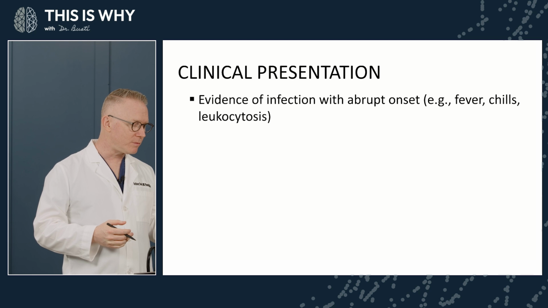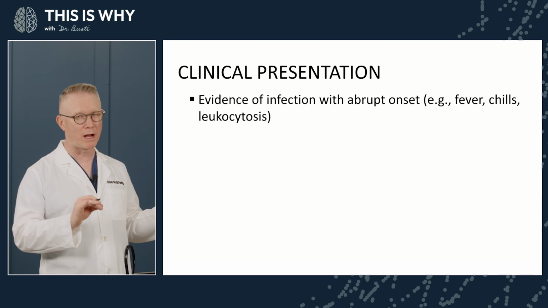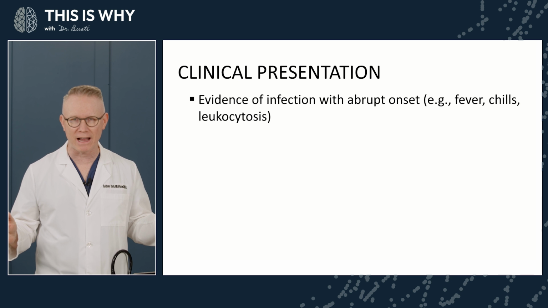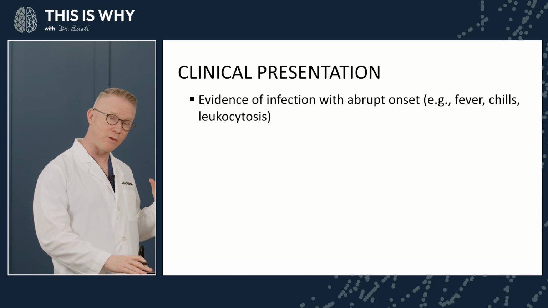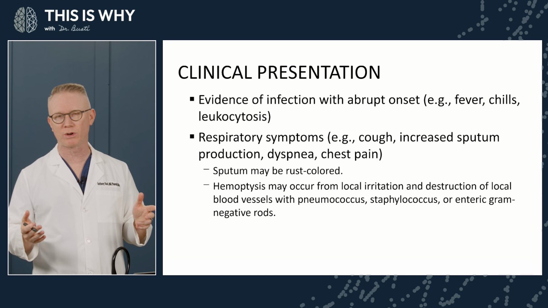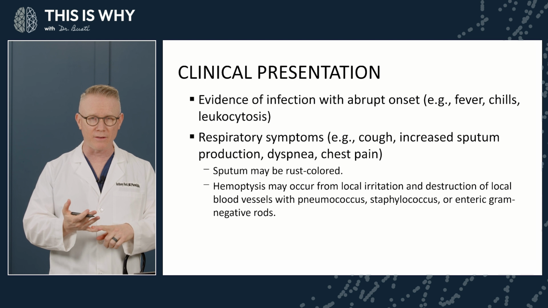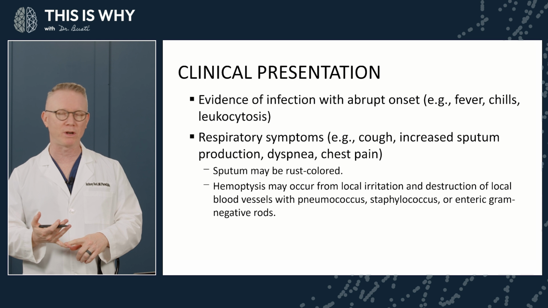Okay, so looking at clinical presentation, evidence of an infection with abrupt onset, something that's outside of the ordinary for these patients, usually fevers, chills. If you end up getting labs, which we'll talk about here in a minute, leukocytosis. These respiratory symptoms include a cough that is productive in nature with increased sputum production.